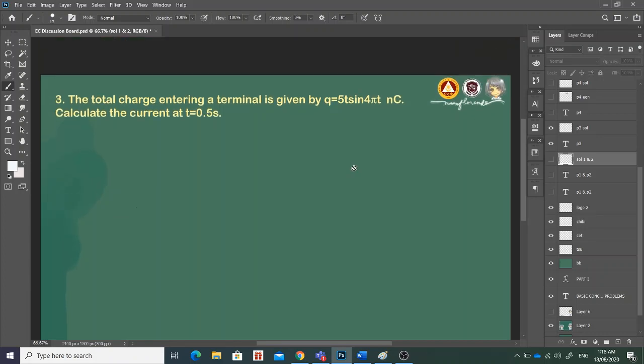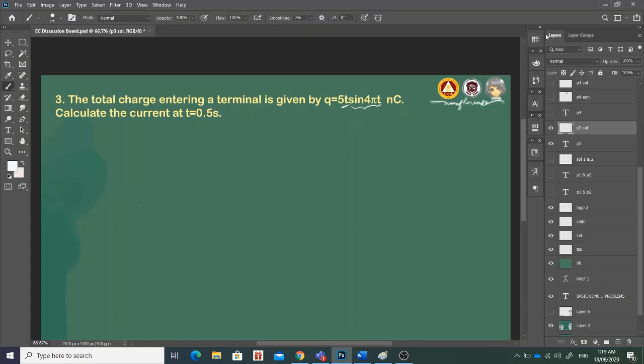Okay, the total charge entering a terminal is given by Q equals 5t sine 4 pi t nanocoulomb. Calculate the current at t is equal to 0.5 seconds.